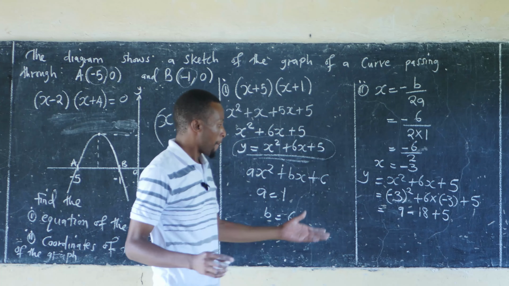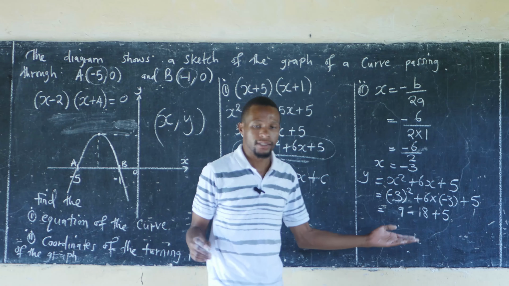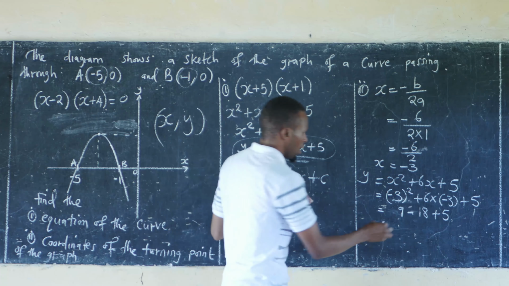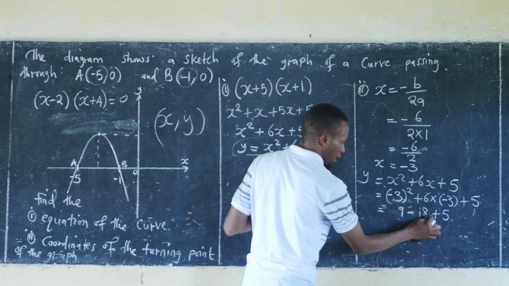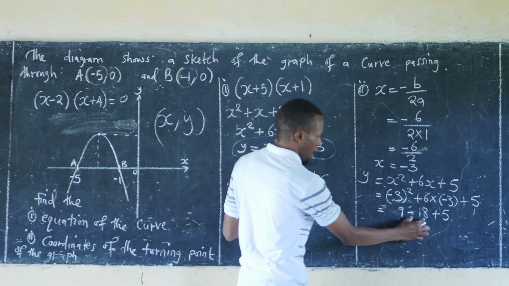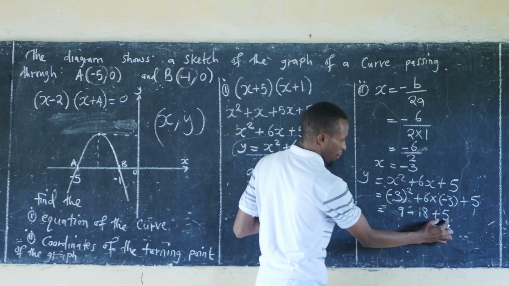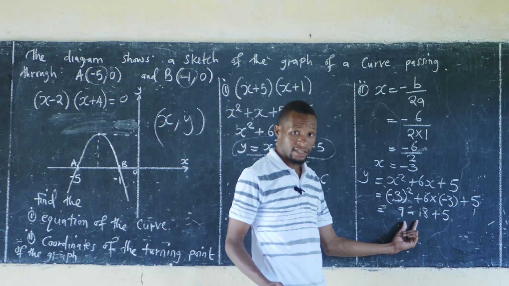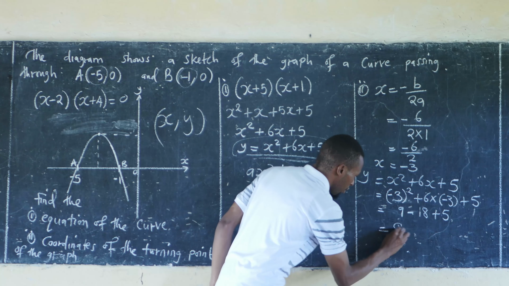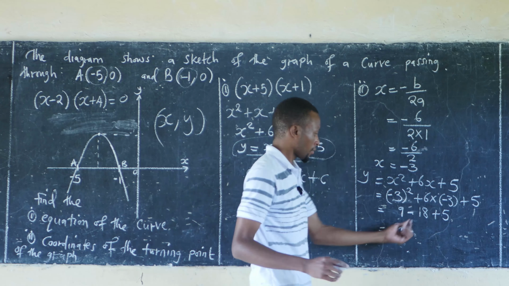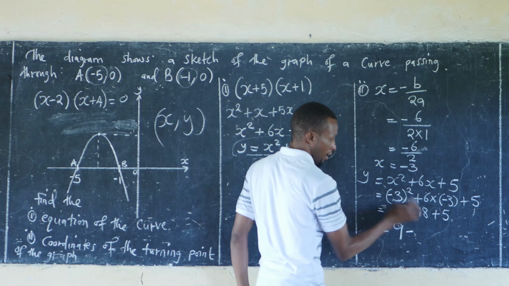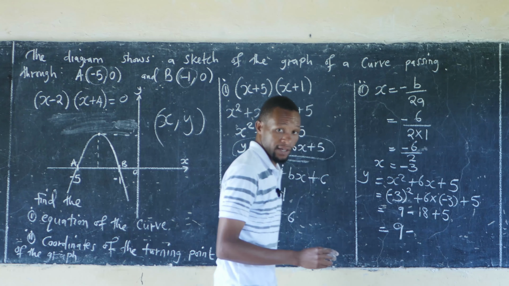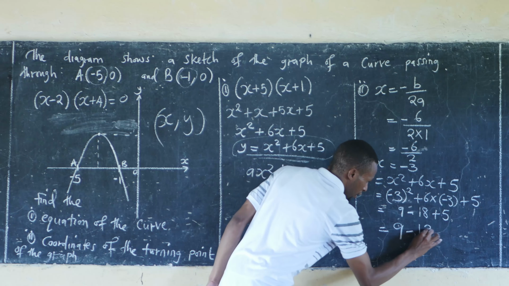Using BODMAS, brackets, order, division, multiplication, addition, then subtraction. Between addition and subtraction, addition comes first, so we start with negative 18 plus 5. Different signs, so we maintain the sign of the bigger number, which is negative, and 18 minus 5 is 13.